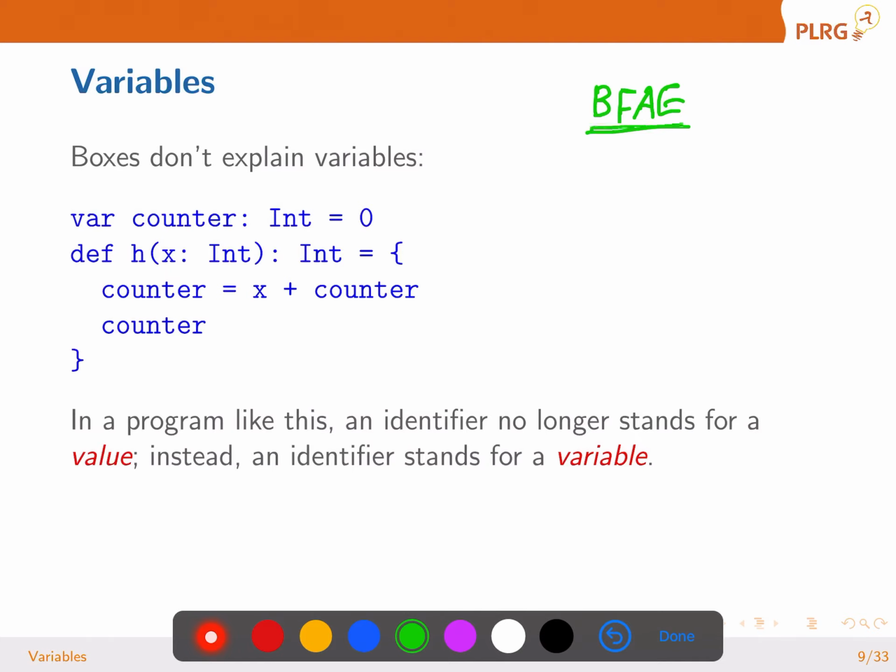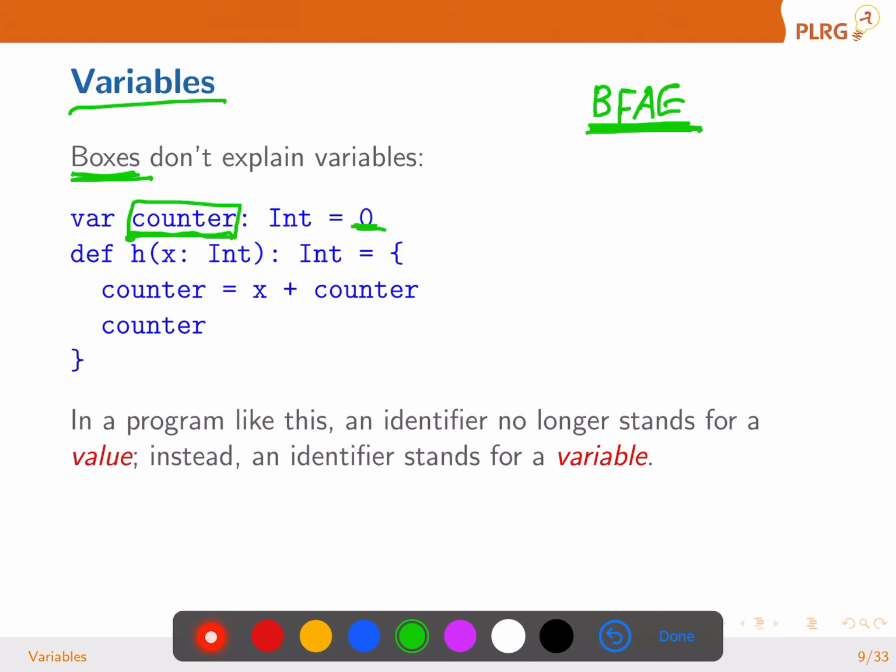Yeah, it needs something. What? That's variables. All we used was boxes, right? And these boxes do not explain variables. Variables meaning that this is a global variable. Counter, it's a name and its value is 0 and the value of the name is being changed.